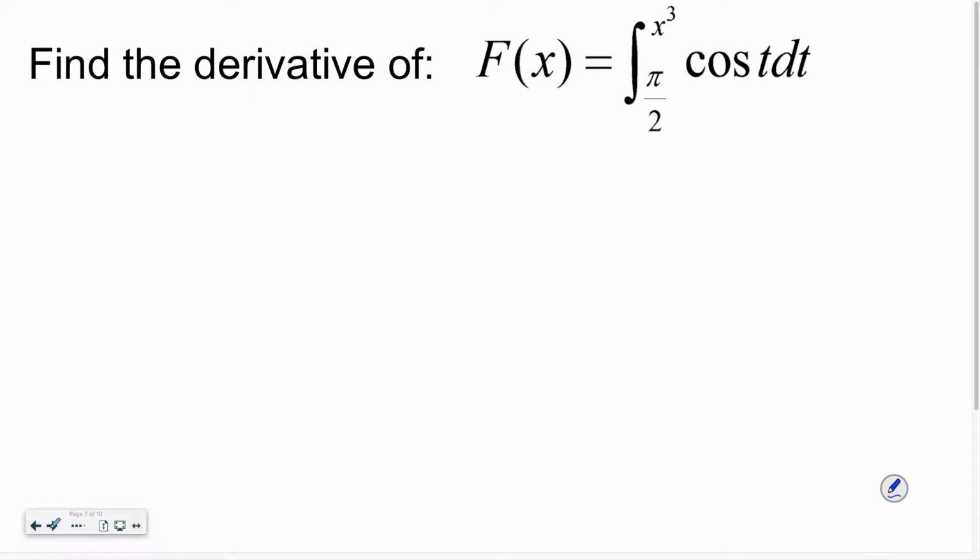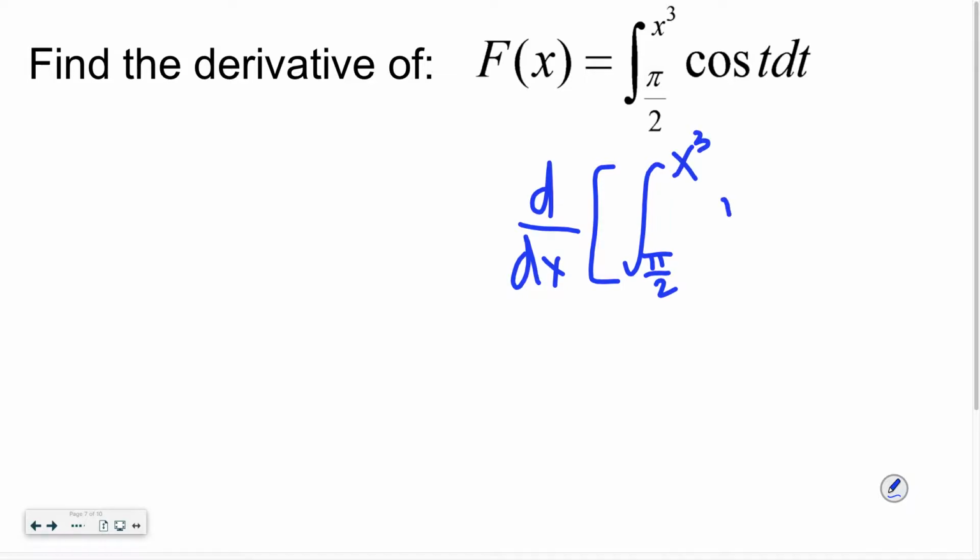Find the answer without me and check with the neighbor. Find the derivative of this antiderivative. The derivative of the antiderivative.